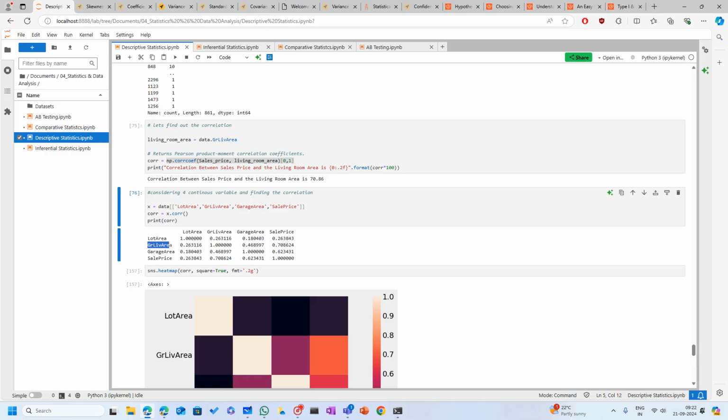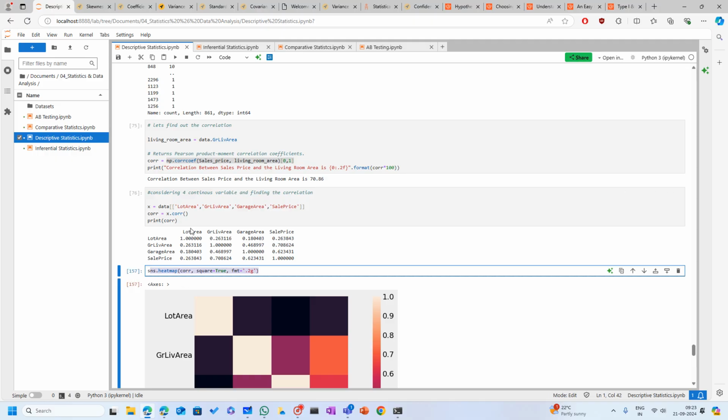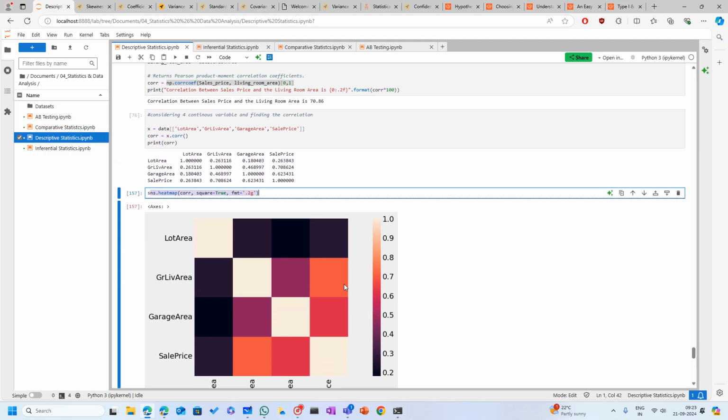Lot area is increasing with ground living area 26% of the time. Garage area is increasing with ground living area 46 or 47% of the time. And sale price is increasing because of ground living area 70% of the time. Hence it is positively correlated. I have plotted a heat map for that correlation, and from here you can see.